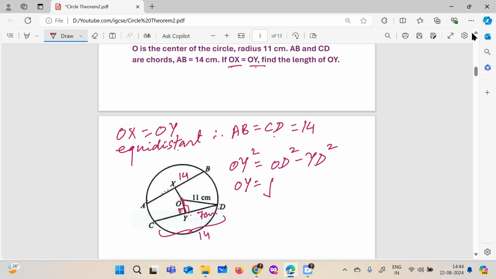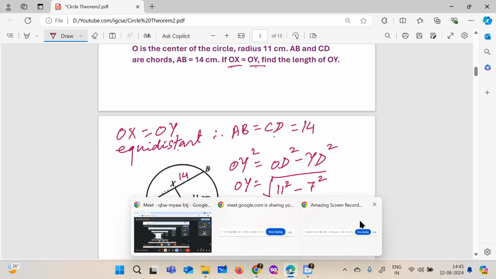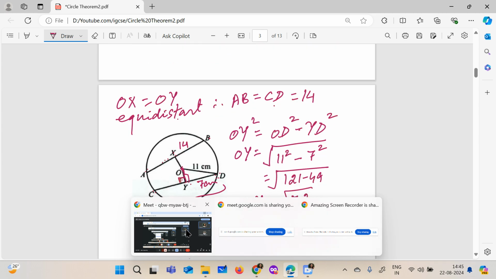So we can write OY equals the square root of OD square, OD is 11, squared, minus YD square, YD is 7, squared. So you get here 121 minus 49, right? So you get OY is equal to the square root of 72. I hope this is clear to you.